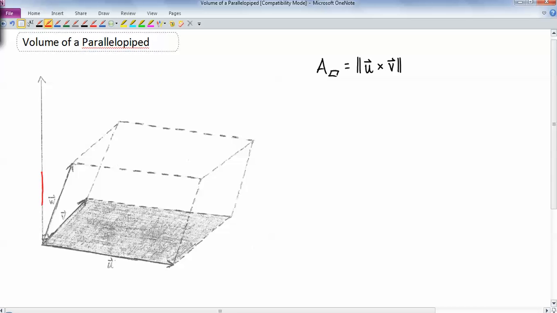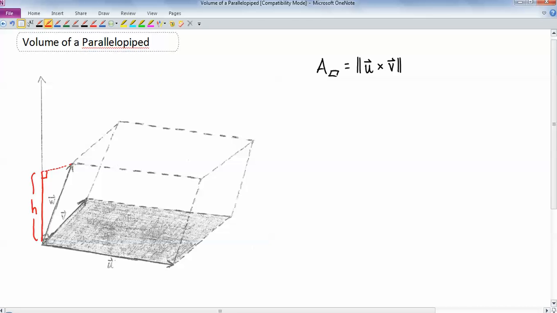So this component of the W. So if you just looked at how tall W was, I'll call this H for height, right there. If we multiply that by the area of the parallelogram, then we get the volume of that parallelepiped defined by U, V, and W. Okay?